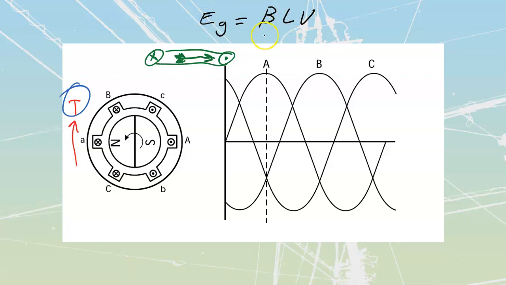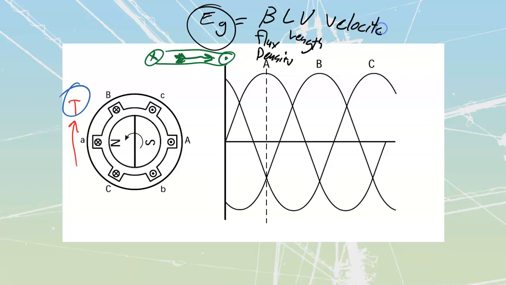Which means that my voltage generated, that's this Eg, is equal to my flux density, my length of conductor, and then my velocity that I'm taking my conductor and moving it through the magnetic field, or my field past the conductors.